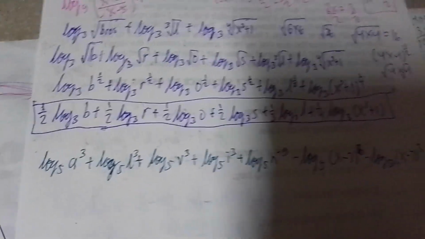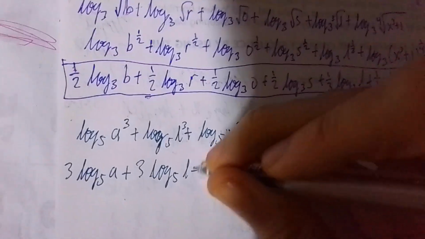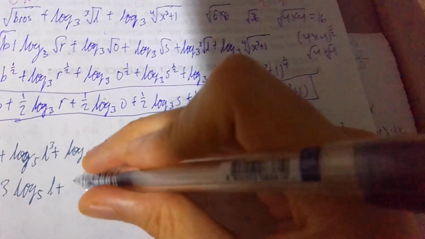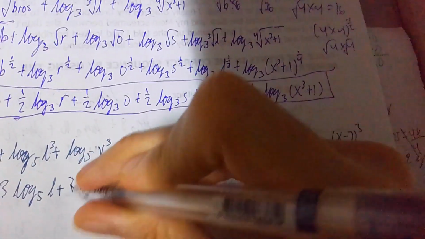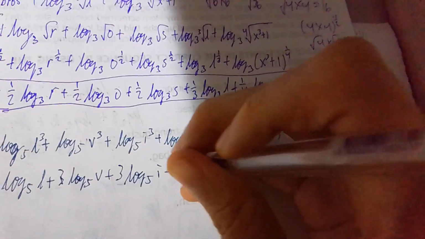Now we can already bring down all the exponents, because this implies the power law. All the exponents slide down, then copy everything. Be sure to double check that what you're doing is right. So 3 times log base 5 of A plus 3 times log base 5 of L plus 3 times log base 5 of V. Then the pattern, you know already what to do here.